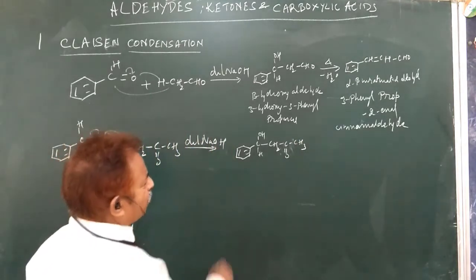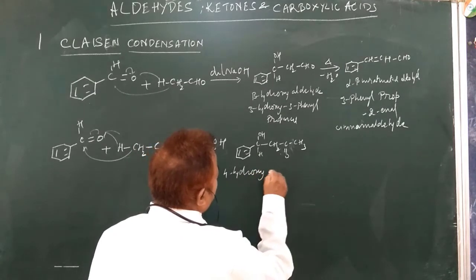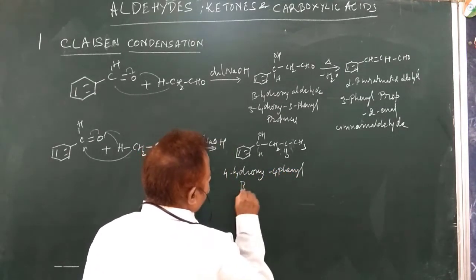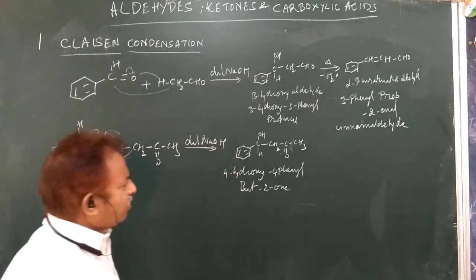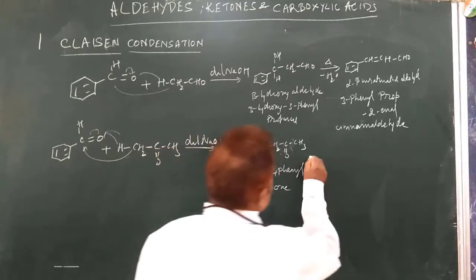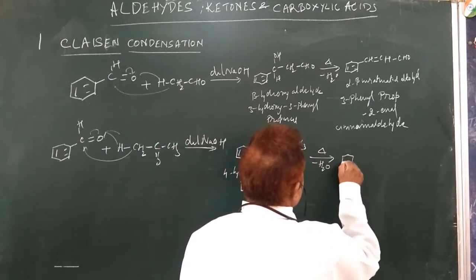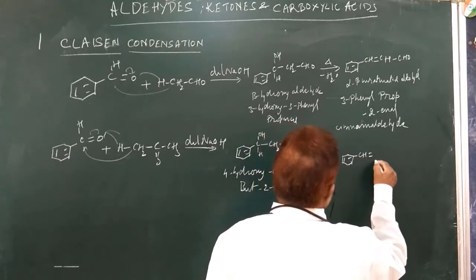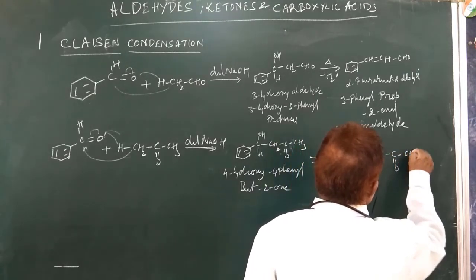So this is 4-hydroxy-4-phenylbutan-2-one. This is subjected to dehydration, minus water. So this is CH=CH–C=O–CH3.